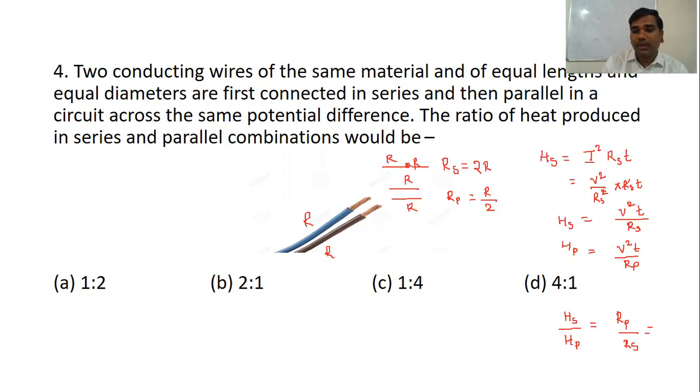Now RP is R by 2 and RS is 2R, so this can be written as R by 4R. Now R and R get cancelled. This is equal to 1:4. So this is the required answer.